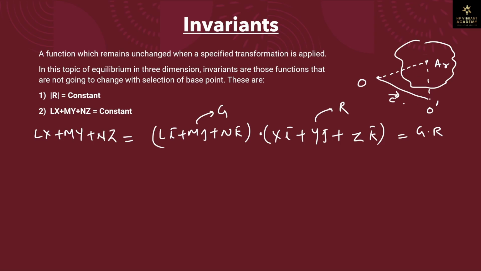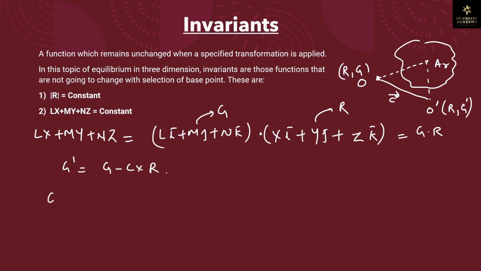At point O, the original base point, we have the resultant as R and let us take G as the couple of moment. On changing the base point from O to O dash, there is no change in the resultant, so R remains the same, and there is a change in the couple of moment, so this changes to G dash. As studied earlier, G dash is equal to G minus C cross R.